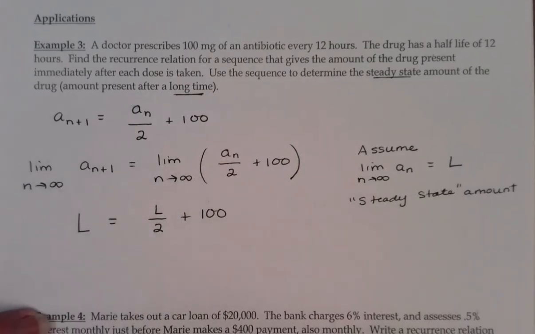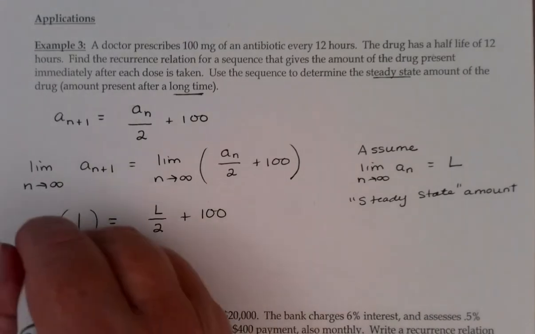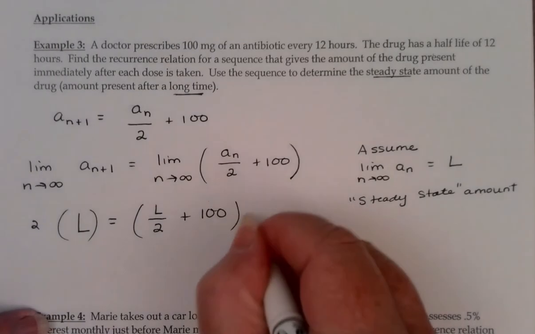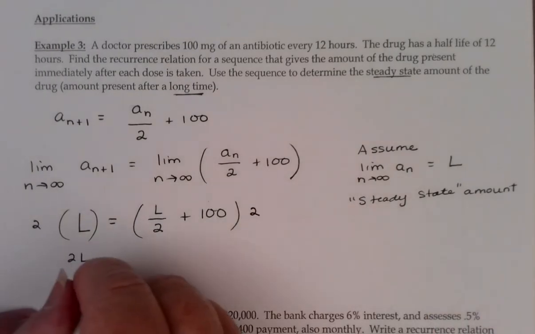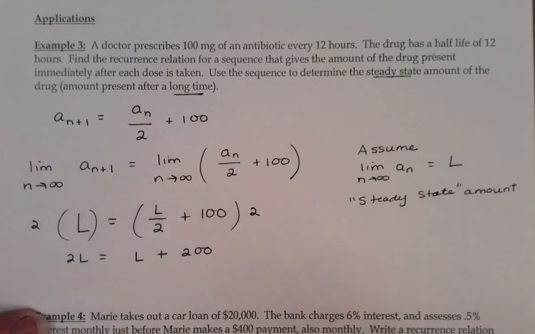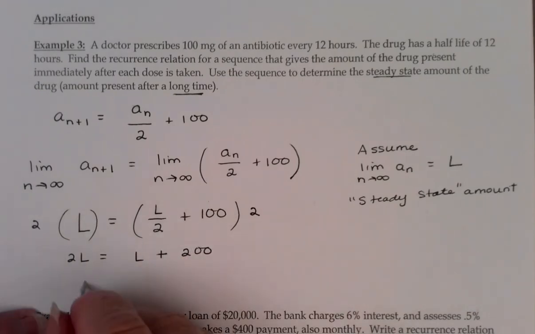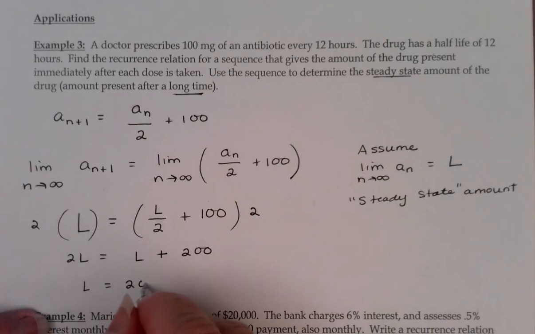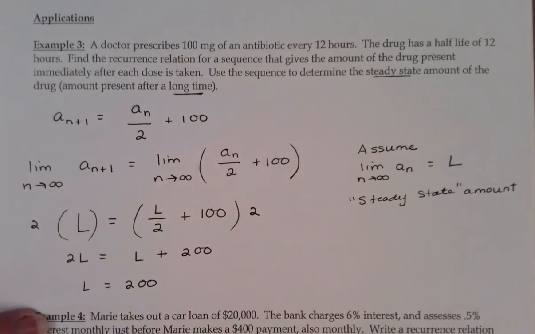Well, I now just have a nice little algebra equation to solve, right? If I double both sides, I would have 2L equals L plus 200. And subtracting the L, L equals 200.